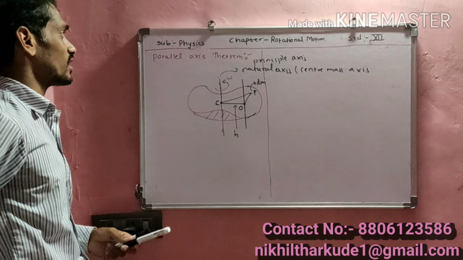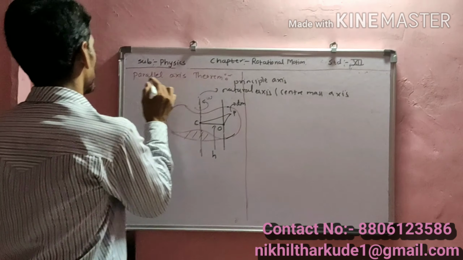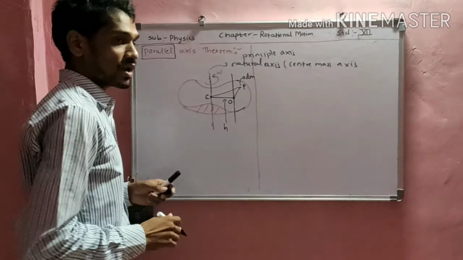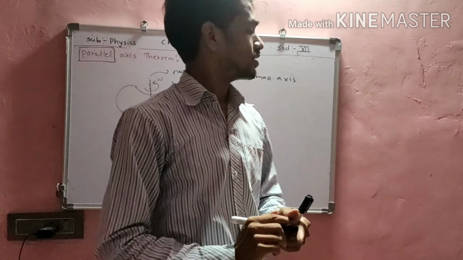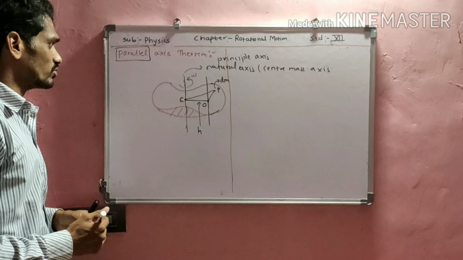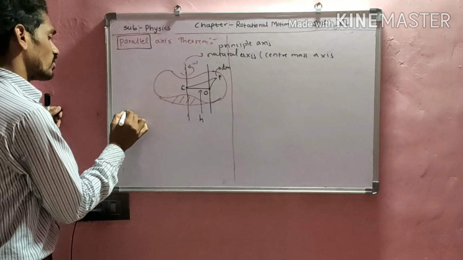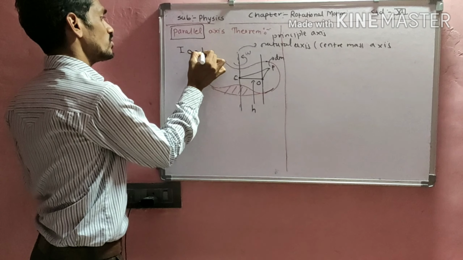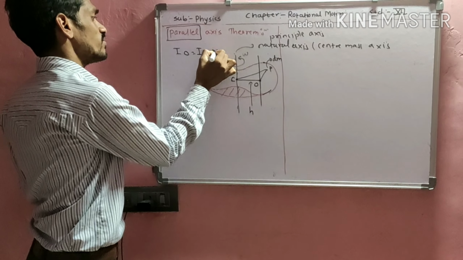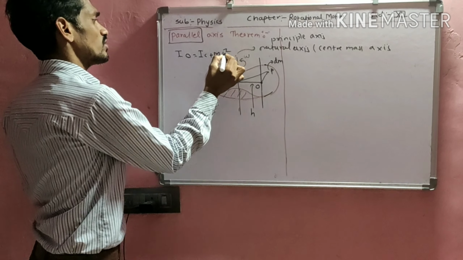So we apply the parallel axis theorem. Parallel means both axes should be parallel. Remember that. Parallel means in this fashion. So how do we find the moment of inertia? It is defined as IO is equal to IC plus mh square. This is the formula.